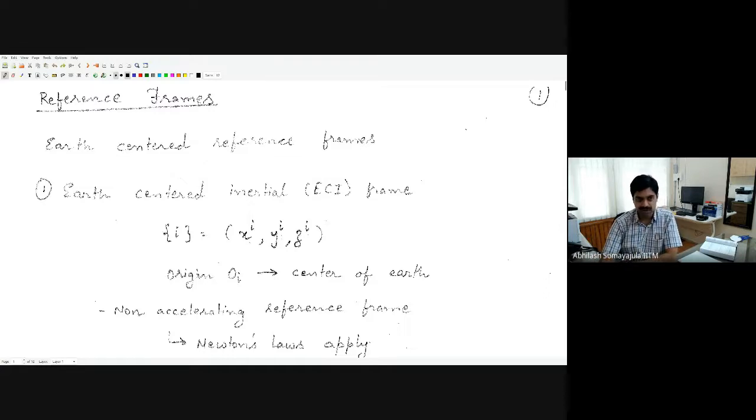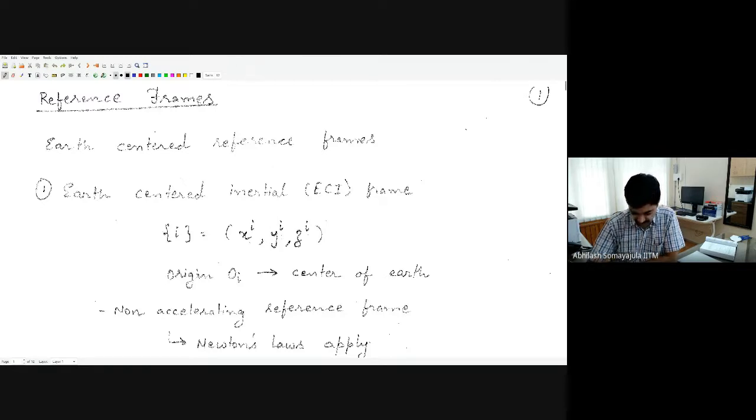So we'll spend some time to discuss the reference frames and then discuss the equations of motion that we are looking at. And this should take us maybe 1 or at max 2 weeks, and then we should move into guidance and control. So let's get started with that aspect in mind.